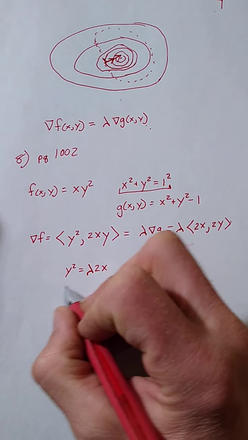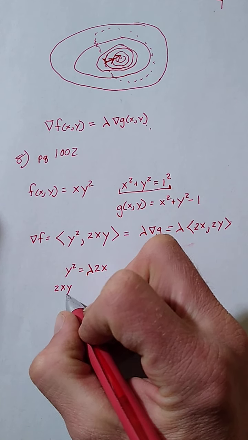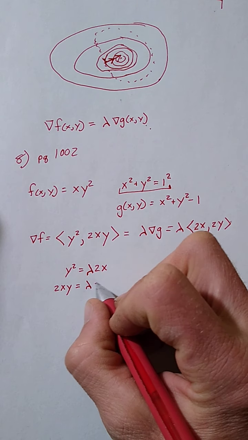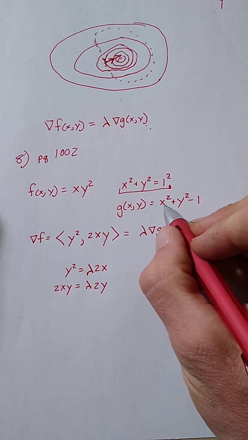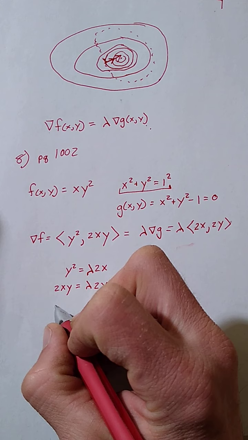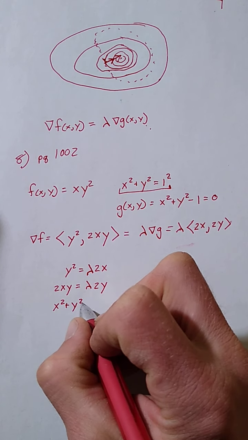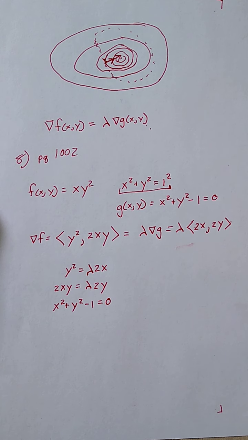And we need to have the y component equal to lambda times the y component. And don't forget, we need to have this equation equals 0. x squared plus y squared minus 1 equals 0, our constraint.